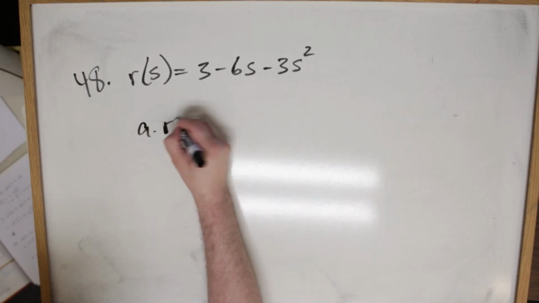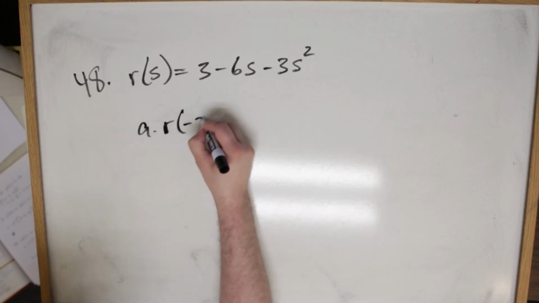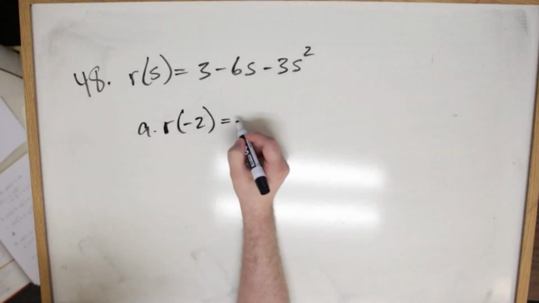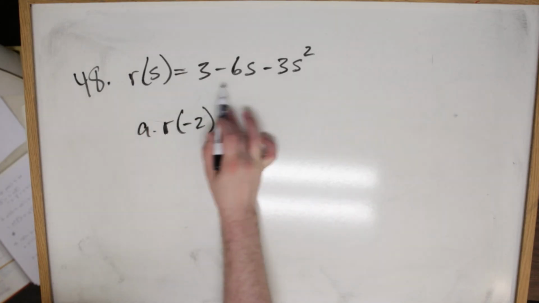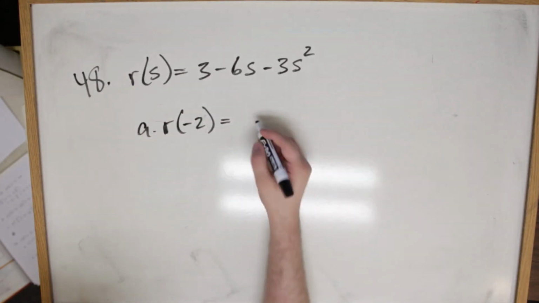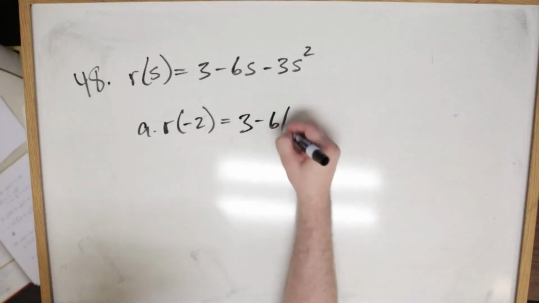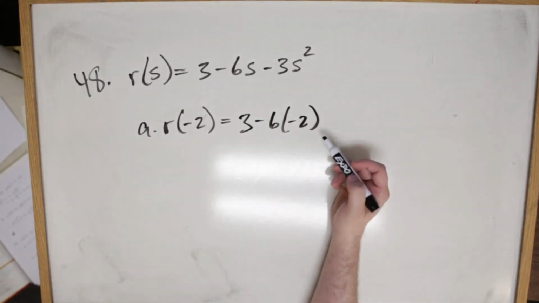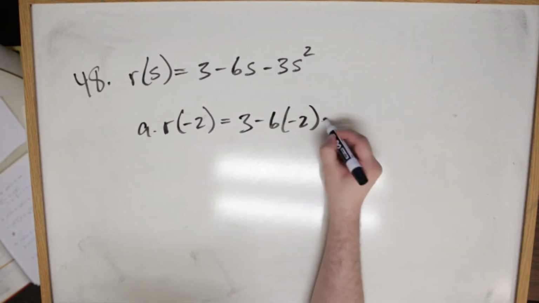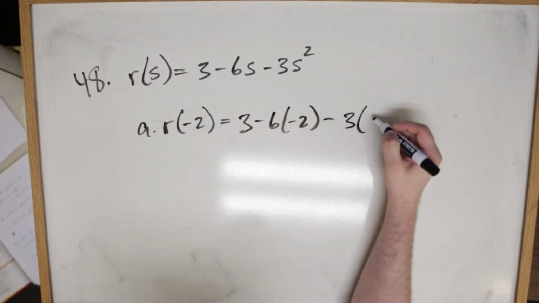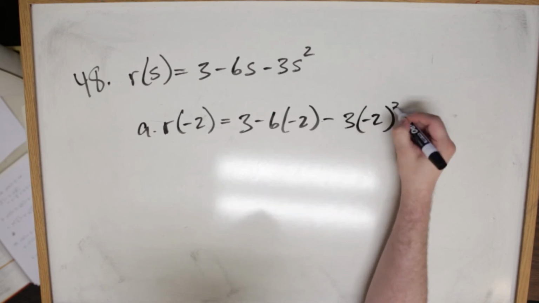The first one they ask us to solve is r of minus 2. So that means that everywhere I see an s in my equation, I'm going to replace it with a minus 2. So 3 minus 6 times minus 2. You can see the substitution there. Minus 3 times minus 2 squared.